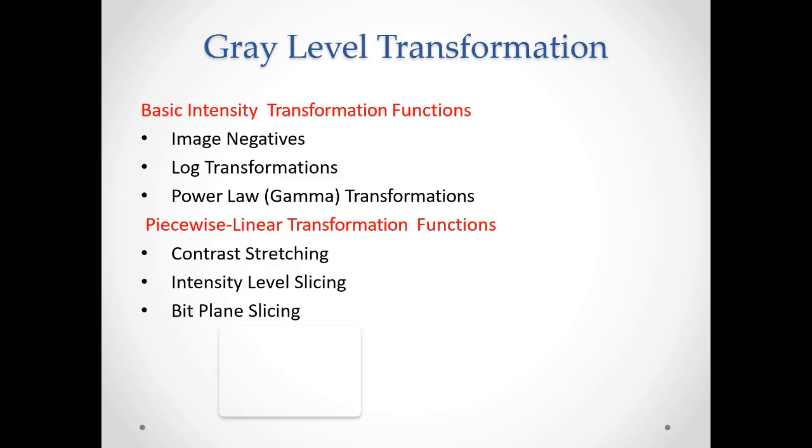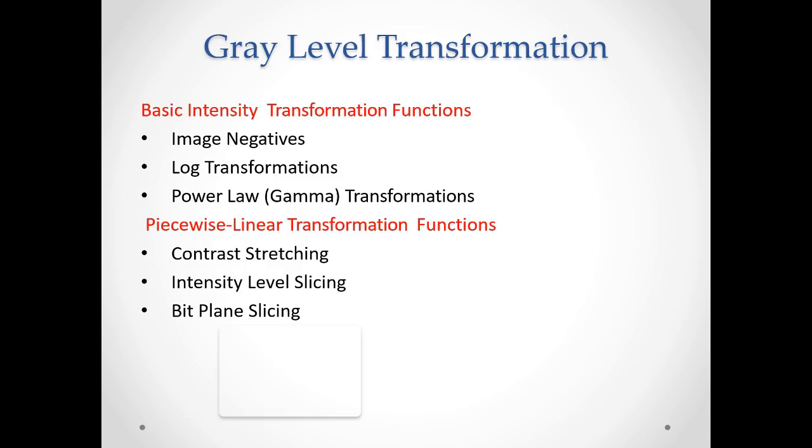So R is the pixel value of the input image and S is the pixel value of the output image. Here T is the transformation that maps R to S. So the transformation function T will map the value of R to the value of S.